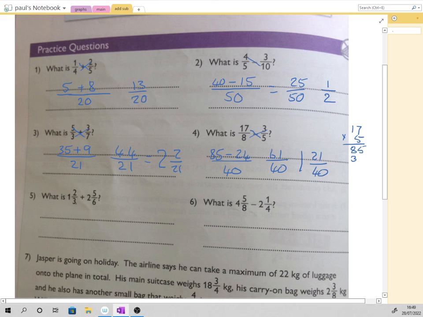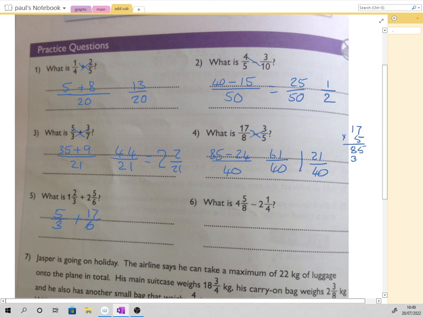1 and 2/3 plus 2 and 5/6. Let's change them all into top heavies first. So 3 times 1 is 3 plus 2 is 5 over 3, plus 6 times 2 is 12 plus 5 is 17 over 6. Now this time, I'm not going to do this method because this is a straightforward double of this.